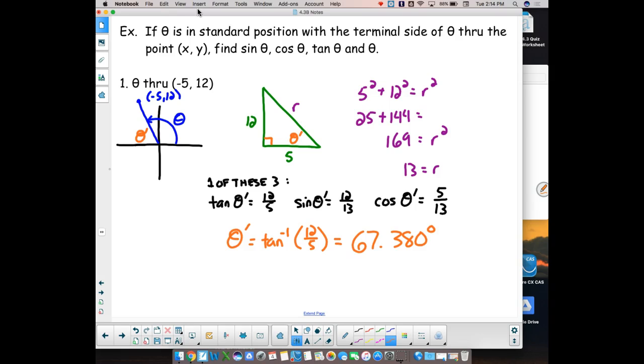I get a reference angle of 67.380 degrees. Agree? Yes?